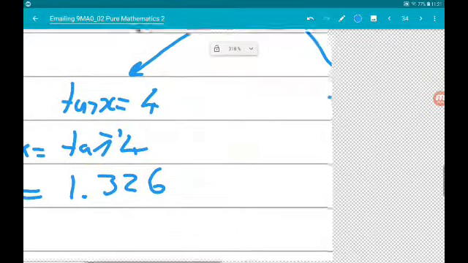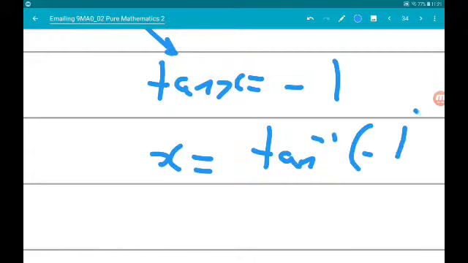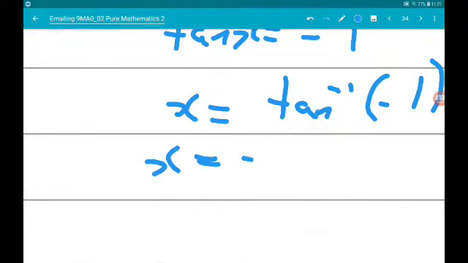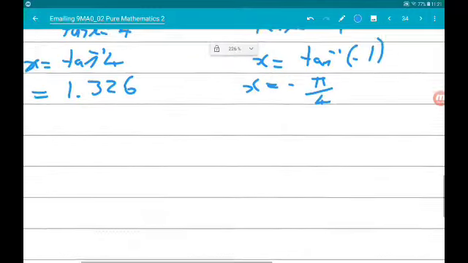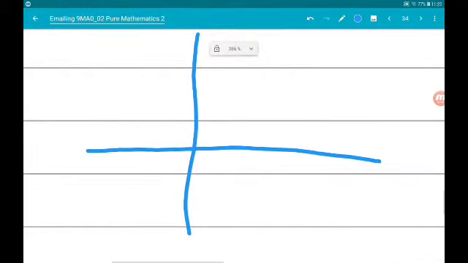And the other one is going to give us, if we inverse tan minus 1, we get minus 45 degrees, which is minus pi by 4. Now that is all of our solutions. Remember, we're solving in the range x is minus pi by 2 to pi over 2.